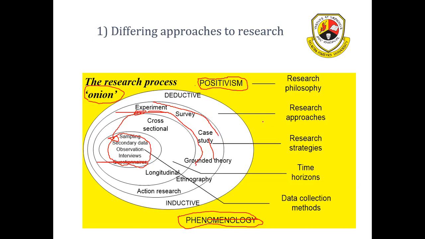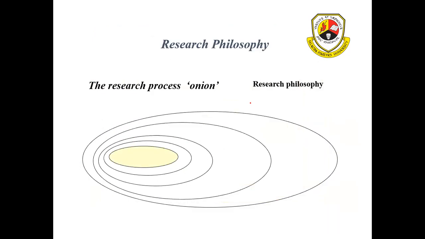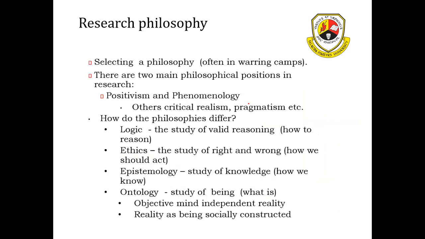So our research question guides whether our research is positivist or phenomenological, or a combination of the two. It guides our research approach, it guides the research method we select. Really, it's a key point. And there should be an appropriate thread seen throughout. So let's start with the research philosophy.